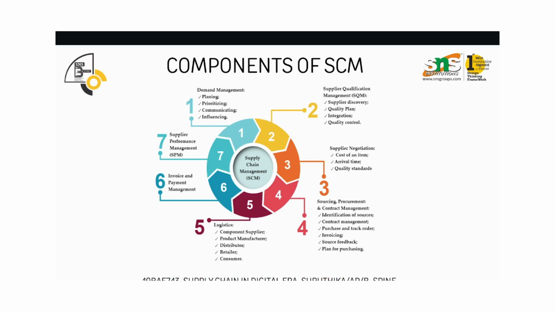Once a supplier is identified after proper supplier qualification management, we will start negotiating with the supplier, which is the third component of supply chain management. In negotiation, we will discuss the cost of the item, arrival of the item, and quality standards. We will talk with the supplier about the cost at which they're going to give us the product. We will ensure that we are getting it at a profitable cost.